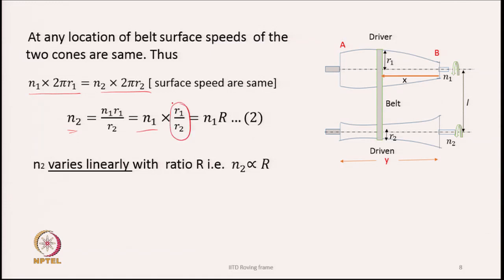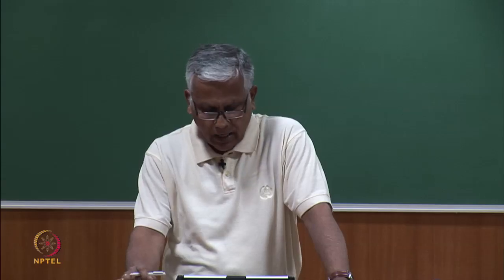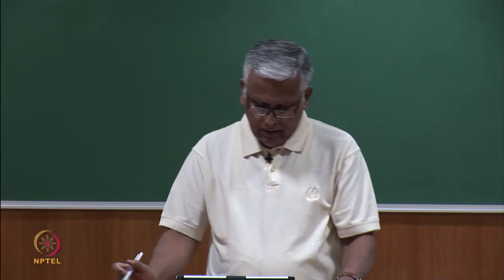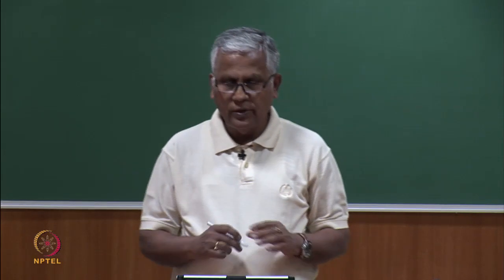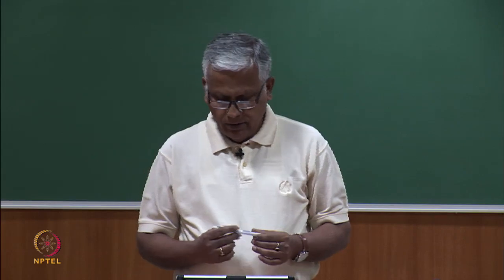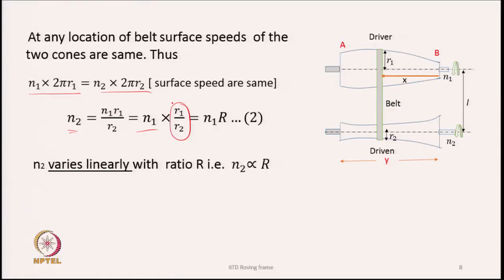This r1 by r2 is the ratio of the radius of driver and driven cone drum. We have written it as capital R. So, we can write n2 is equal to n1 into R. So, the ratio will decide the speed of the driven cone drum. N2 is the speed of the driven cone drum, n1 is fixed constant.